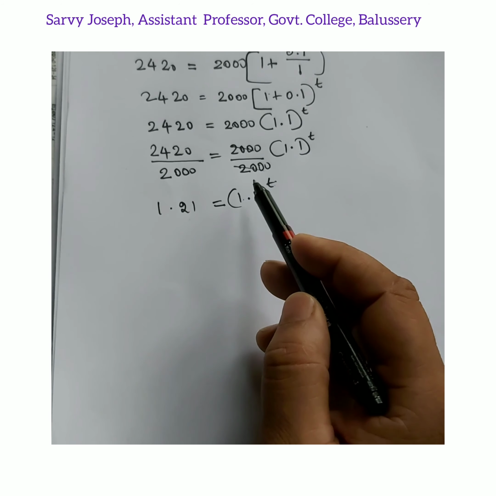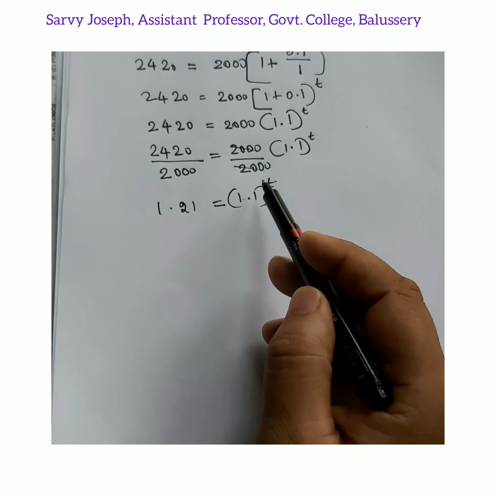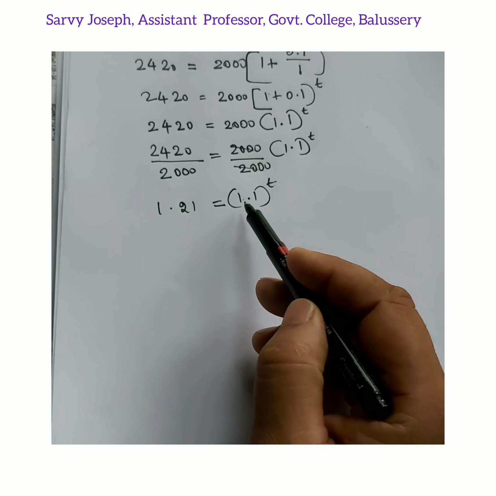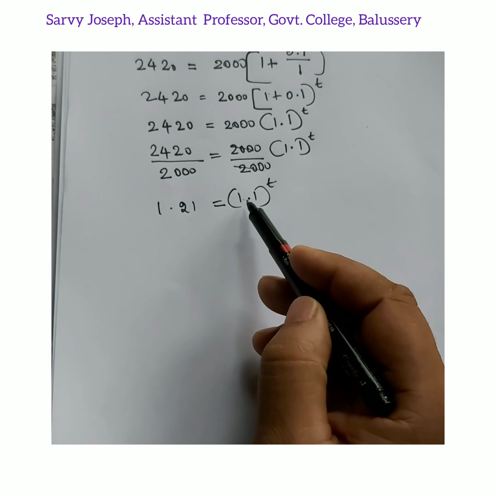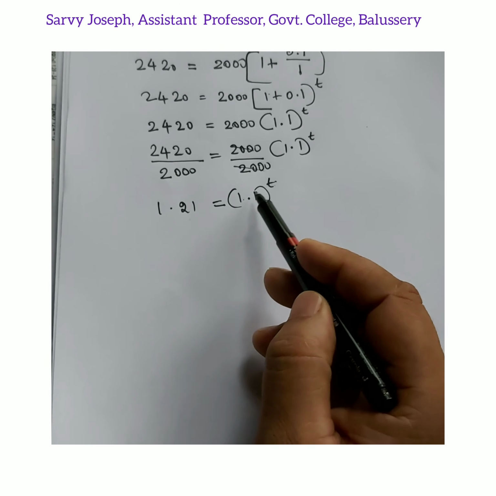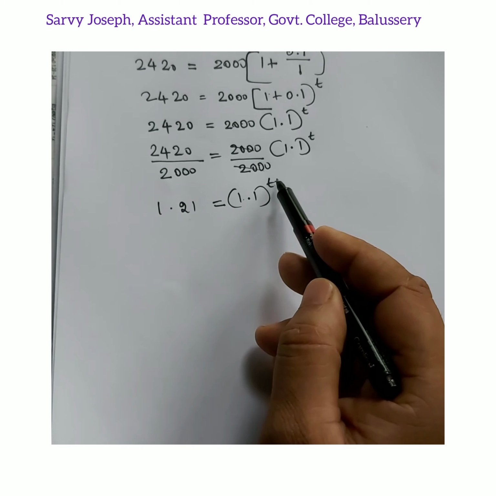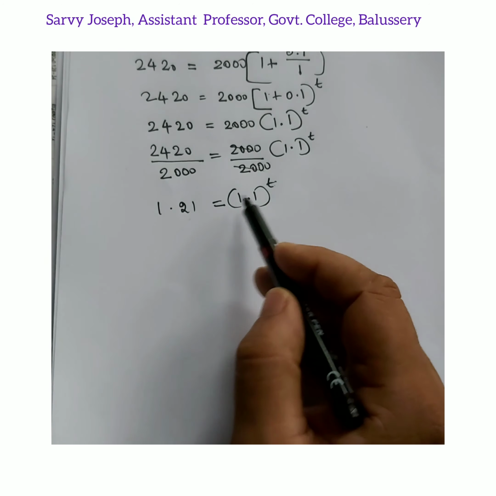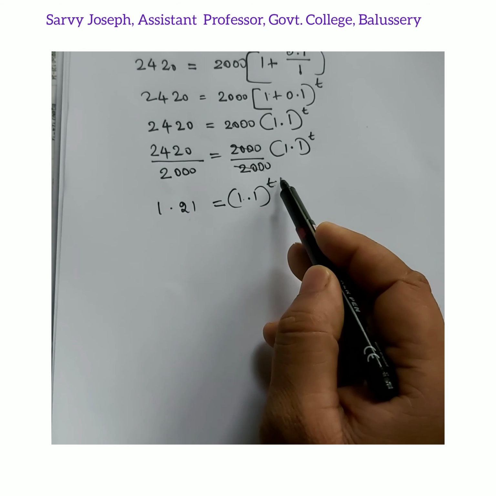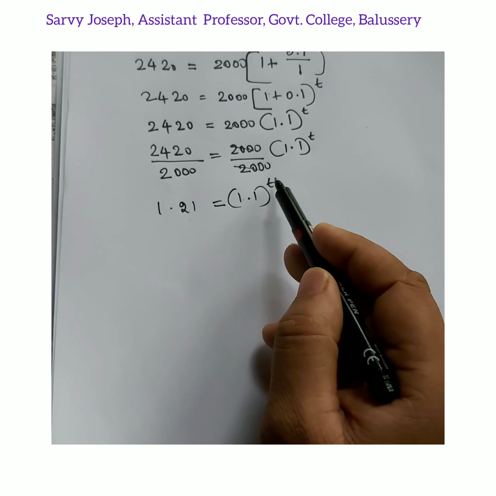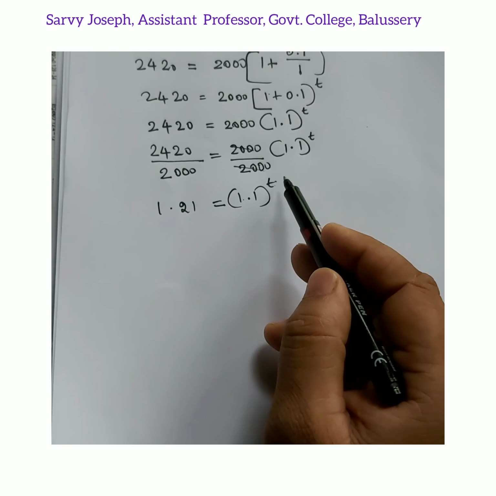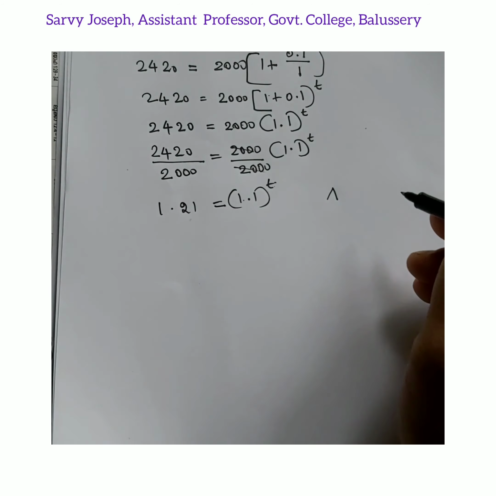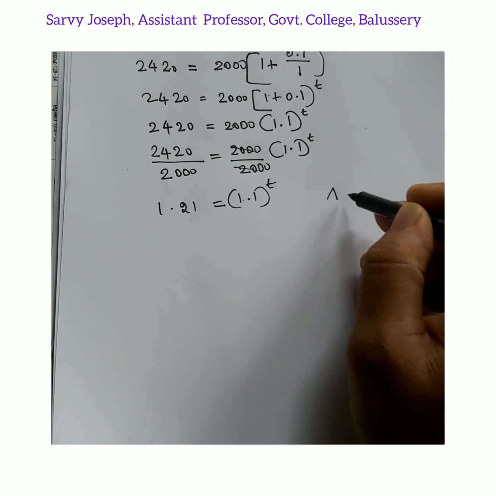How many times 1.1 should be multiplied is shown by t. This exponent or power, otherwise known as index, is denoted by a symbol like this one in the calculator.